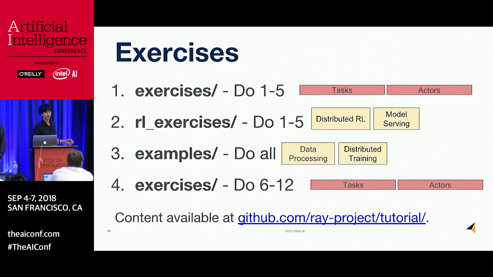Then switch over to RL exercises. At that point, the 3 and 4 can be done in any order, based on whatever appears interesting to you. That can be the examples on data frames or parameter servers or the more involved exercises with the Ray API.